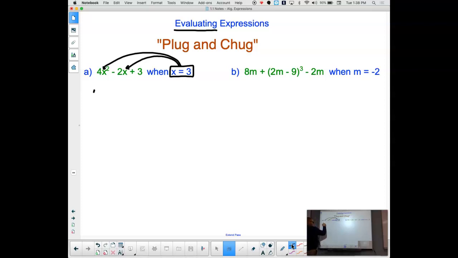So this is 4 times 3 squared minus 2 times 3 plus 3. Okay? So 3 squared is 9.